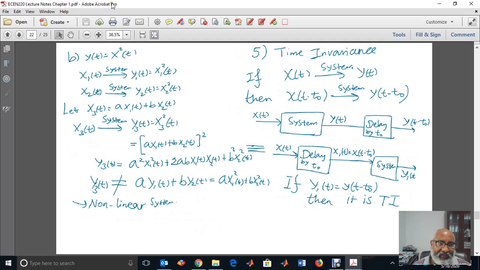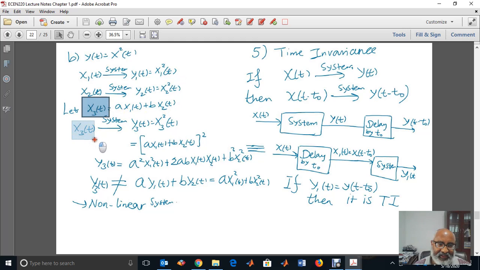Let's have another example here: x squared of t. Is this system linear? I give x of t and I get at the output x squared of t. So let's give an input x1 of t, we get x1 squared of t, and for x2 of t, we get x2 squared of t. Then combine the two, a x1 of t plus b x2 of t, and create x3 of t.